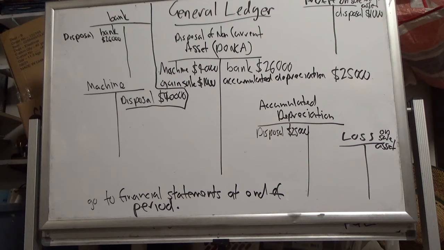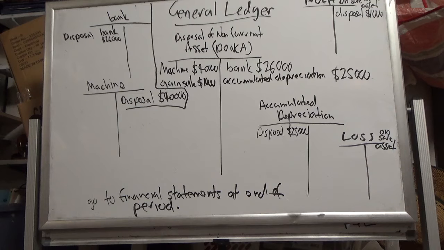So in the profit on the sale of asset, right hand side, credit side, you label it DONCA, $1,000, which is consistent because income is a credit. And in the DONCA account, you label gain of the sale 1,000.